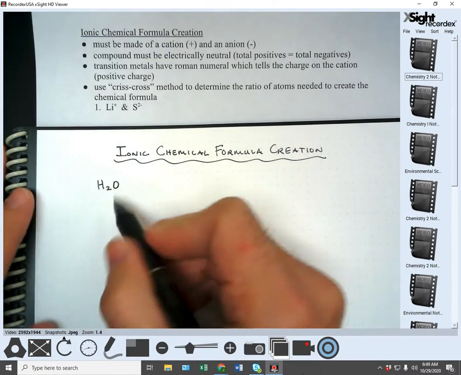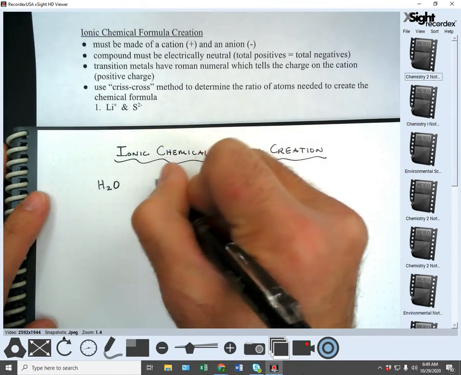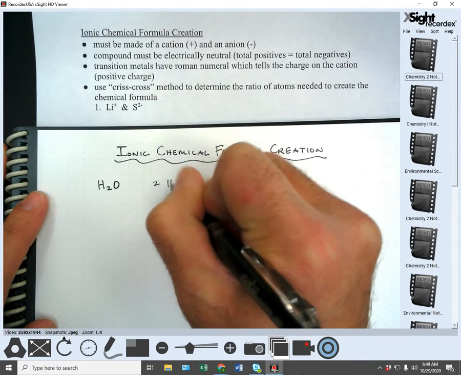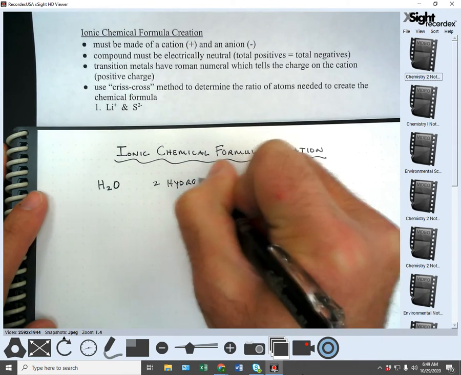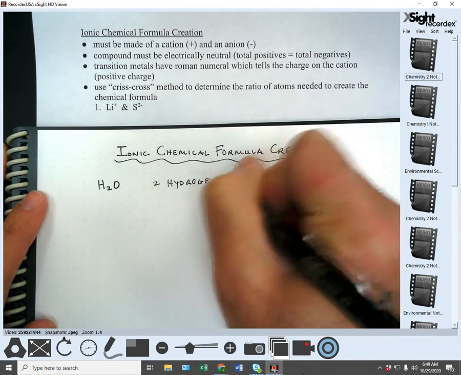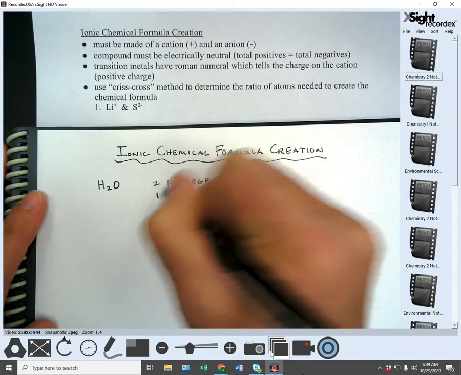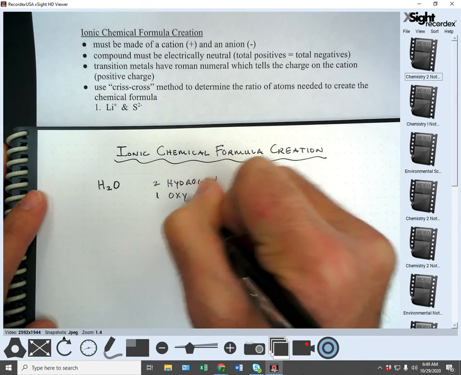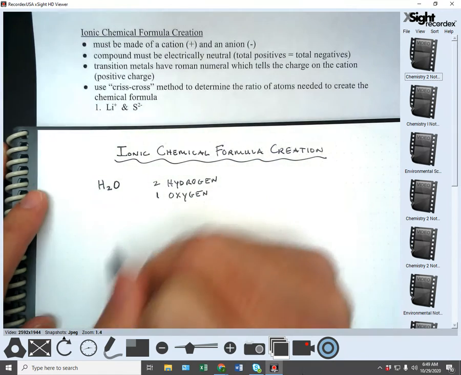So this means we have 2 hydrogen and 1 oxygen atom, right?